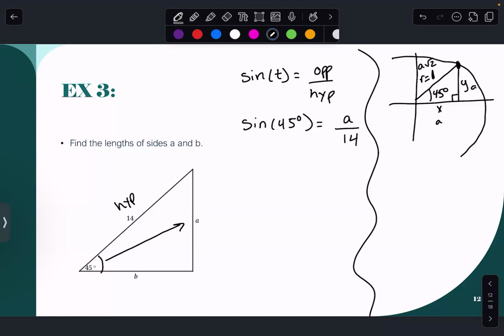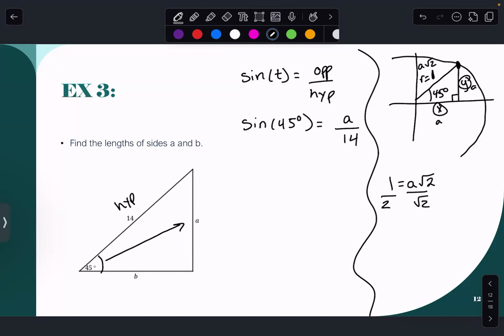Well, since I know that the radius is 1, that's also my hypotenuse. I'm going to say 1 is equal to a square root of 2. Now, if I can find a, then I will find the two sides, x and y. And I know that they're equal because this is a 45-degree angle.